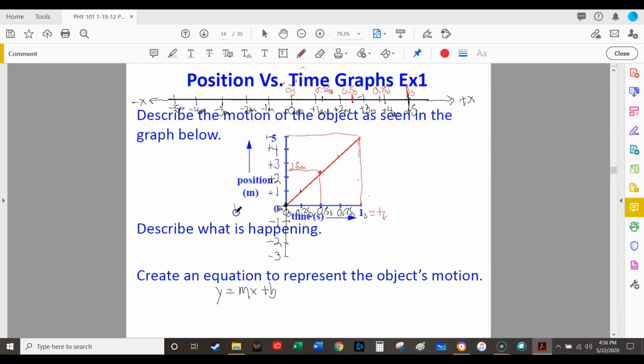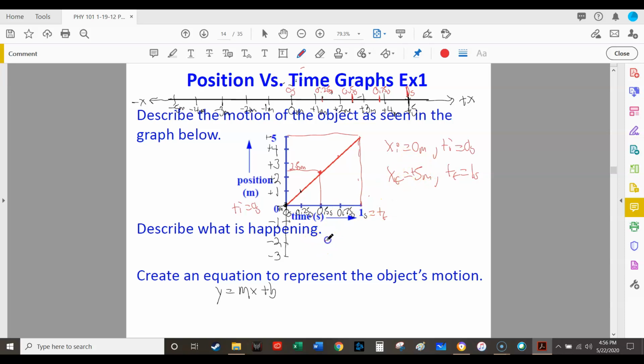The initial time is 0 seconds, right? So at 0 seconds, it looks like it's at the 0 meter mark. And it looks like at the final time, that's at the 1 second mark, and it'll be at a position of positive 5 meters, right?